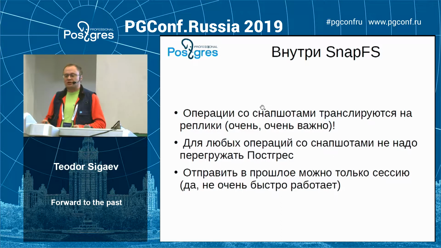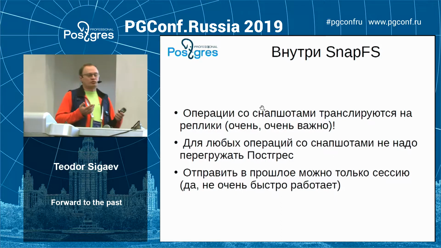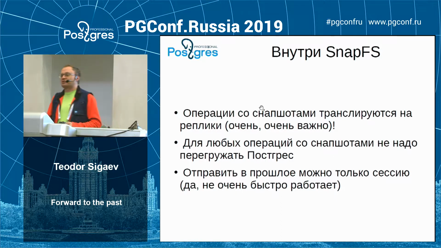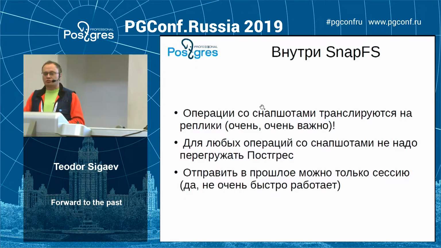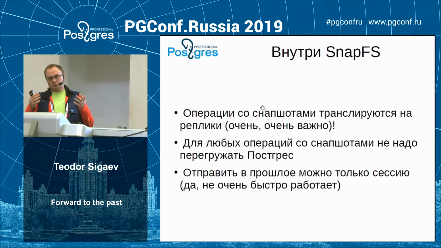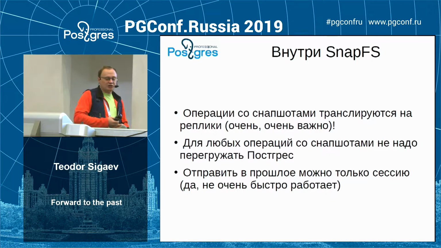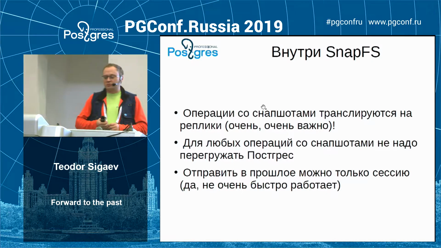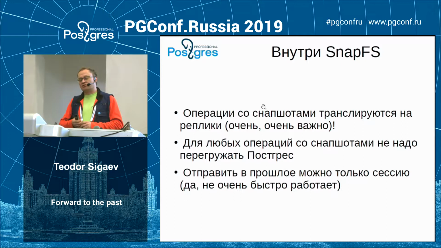Snapshot must exist every time, regardless of whether you reboot or not. And if these things go to WAL, you don't have to do a lot of manual operations to translate this behavior to the snapshot.